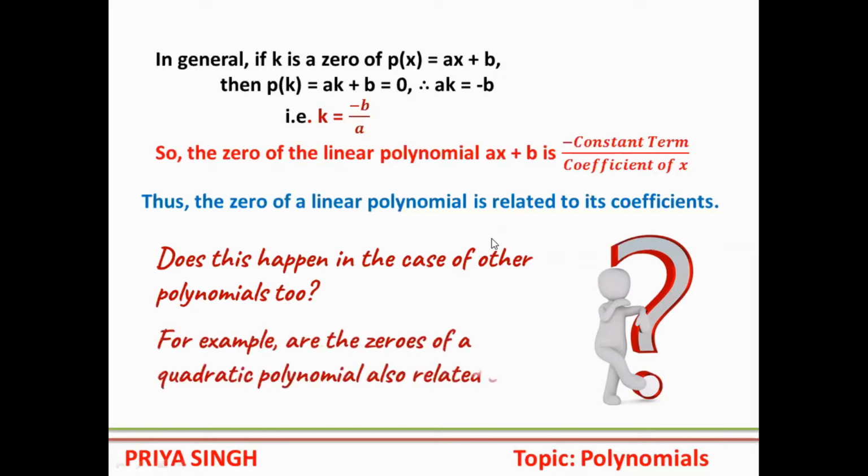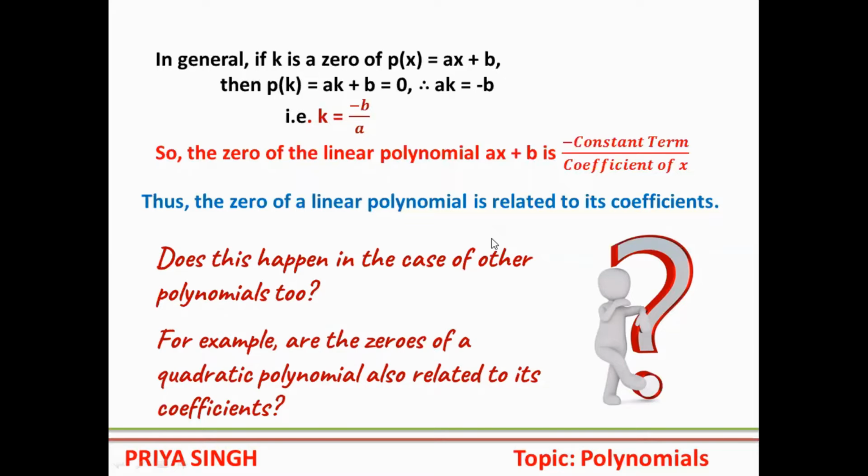For example, are the zeros of quadratic polynomial also related to its coefficient? Okay, so this is what we are going to study in our next section. Are the quadratic polynomials, cubic polynomials, or the higher degree polynomials related somehow to the coefficient?